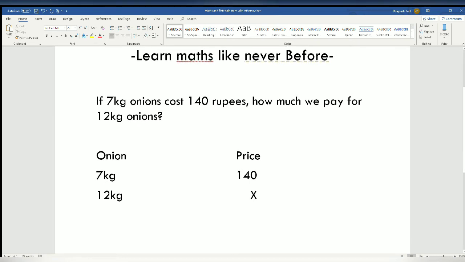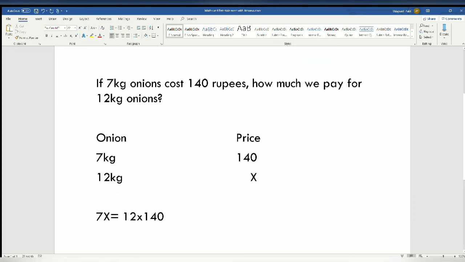So in this we shall do cross multiplication. So it will be 7x equals 12 into 140.